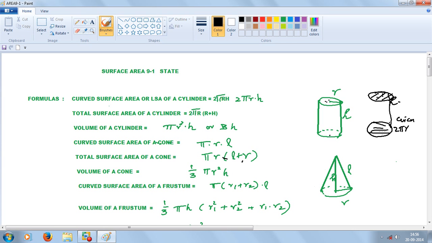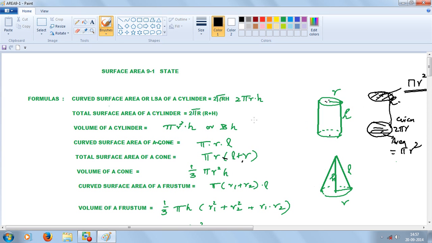So when they say it is the total surface area of a cylinder, you have to include these two portions too. The area of this one is pi r square at the bottom and pi r square on the top. Suppose there is a pipe or a drum without lid, it is not covered, then one pi r square is not there.